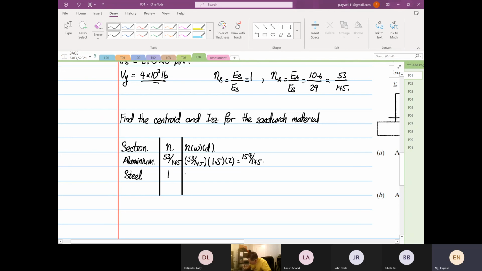For the steel, N is 1, the width is 1.5, the depth is 1, so this is equal to 1.5. If we take the summation, 159 over 145 plus 1.5, that would be 753 over 290.